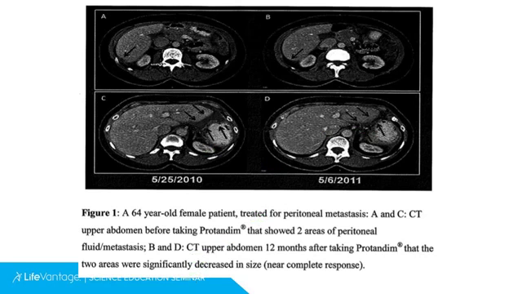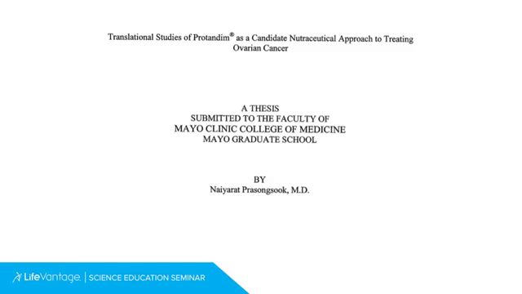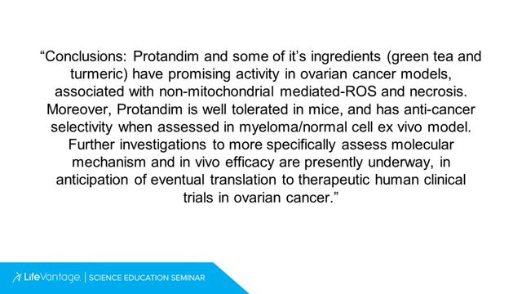So again, we're not saying that Protandim is a cure, treatment, or prevention for any specific disease. I'm just showing you the results of this gentleman's thesis that he submitted to the Mayo Clinic graduate school. And now he's doing additional research looking at Protandim and NRF2 activation for ovarian cancer models. So it'll be interesting to see what further comes from that.